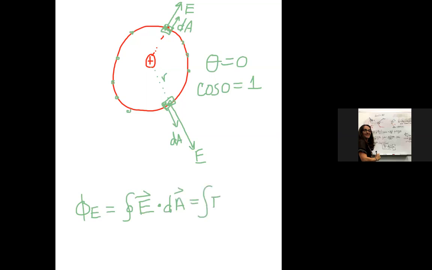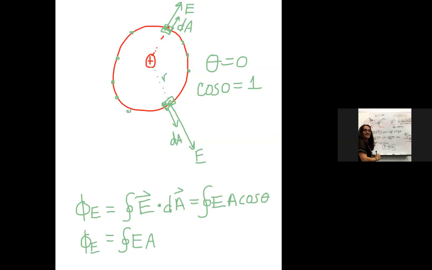This is E A cos theta, and cos theta is just 1. So this equals EA. That's the flux.